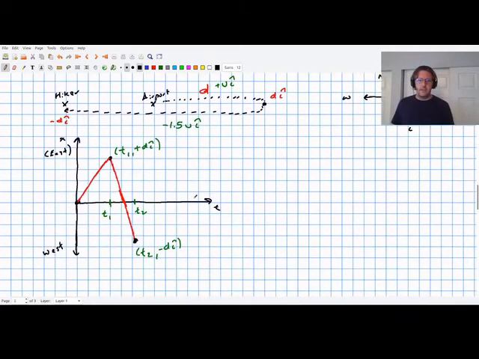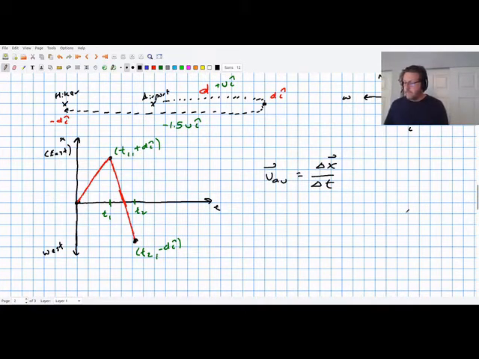Okay, let's go to a definition for a moment. Average velocity over some time frame is the displacement during that same time frame divided by the duration of that time frame. So to find an average velocity, I need to know the change in position, and I need to know how much time it took.